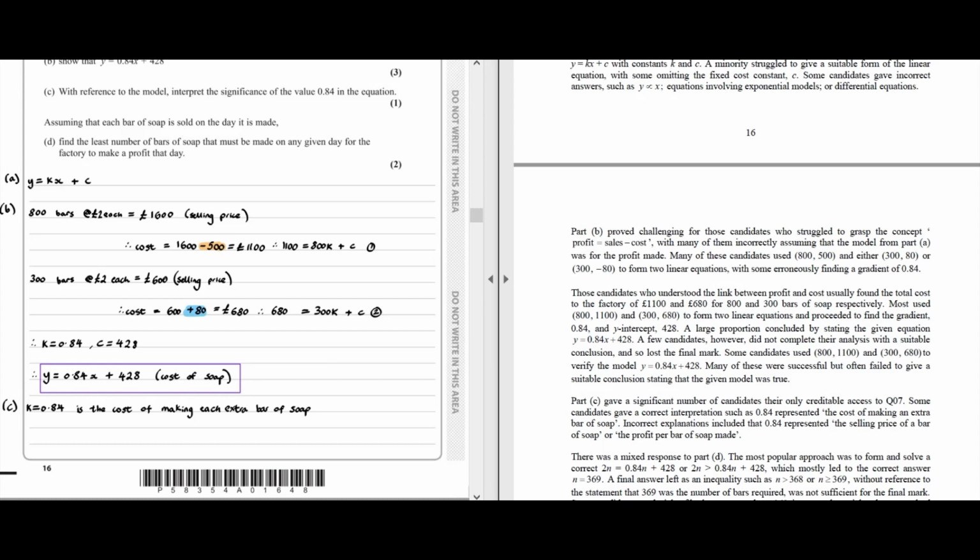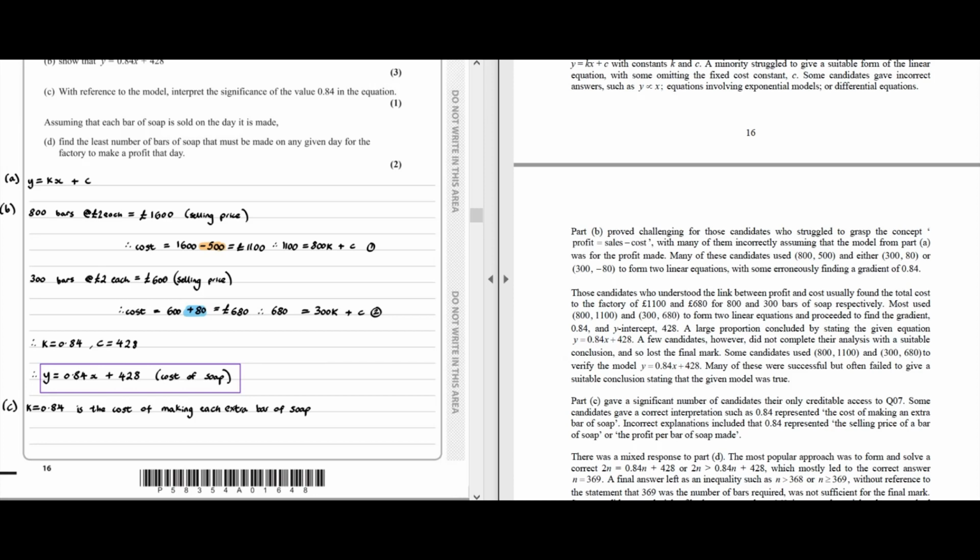Many candidates used the 800, 500 and either the 380 or 300 minus 80 to form 2 linear equations, and then solved simultaneously to find k to be 0.84. Those candidates who understood the link between profit and cost usually found the total cost to the factory of £1,100 and £680 for 800 and 300 bars of soap respectively.